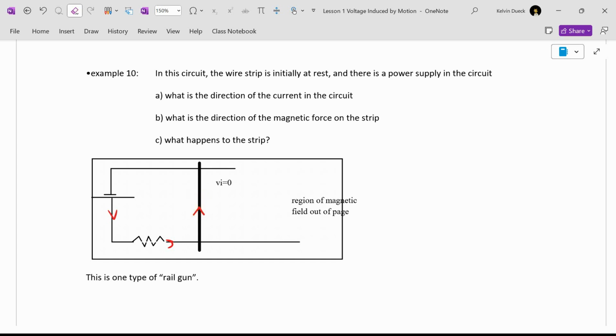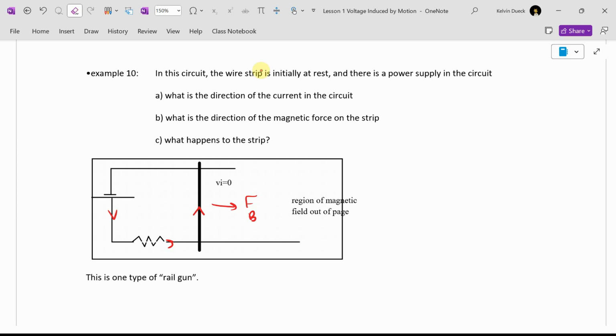So everybody point your right thumbs up the page. What direction is the magnetic field? Out of the page. What direction will the wire feel a force? The wire is going to feel a force, BIL, in that direction. And it'll start to speed up.